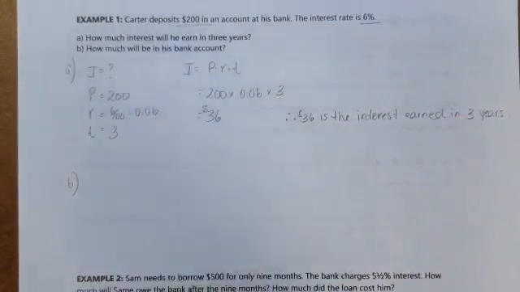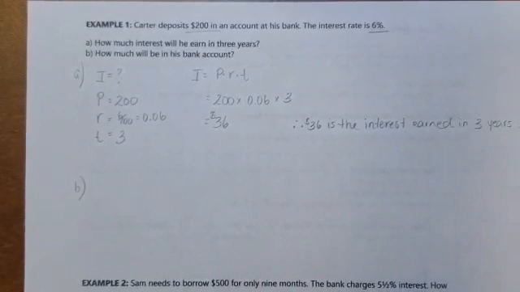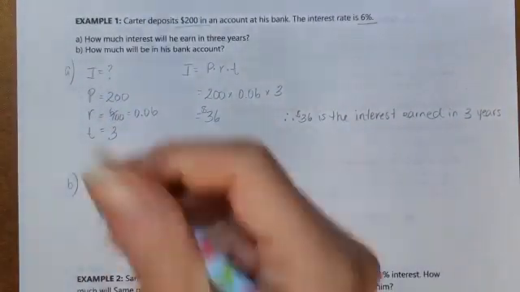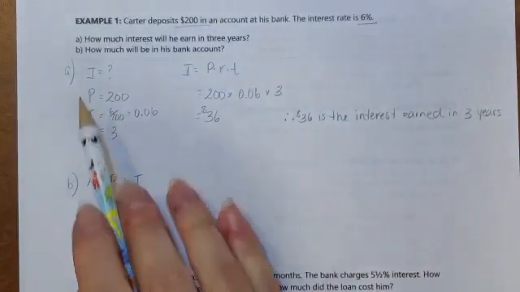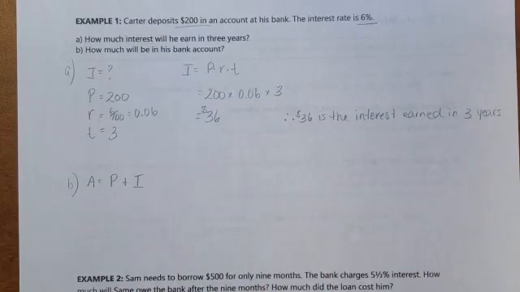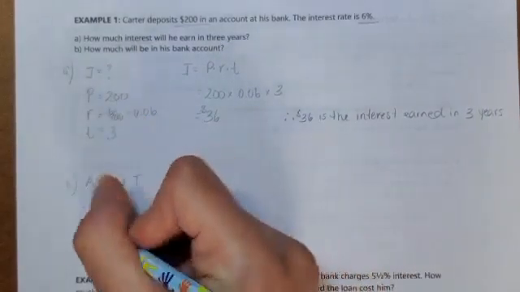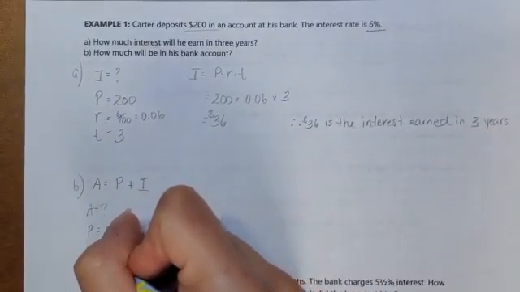Let's answer B. How much will be in his bank account? This is asking for the final amount, which is our A. So we consider P plus I, since we've calculated our interest already. Our principal amount is $200.